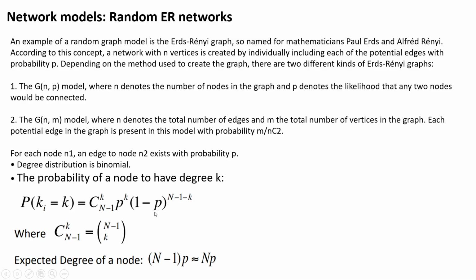This is the binomial distribution form. If you take expectations on both sides, you find the expected degree of the node is np. If you have taken any statistics or random process course, you know the expectation of a binomial distribution is np. So the expected degree of the node will be np. Okay.